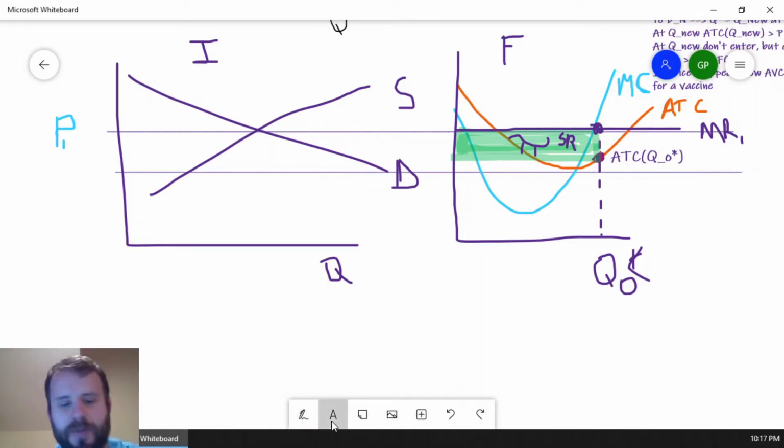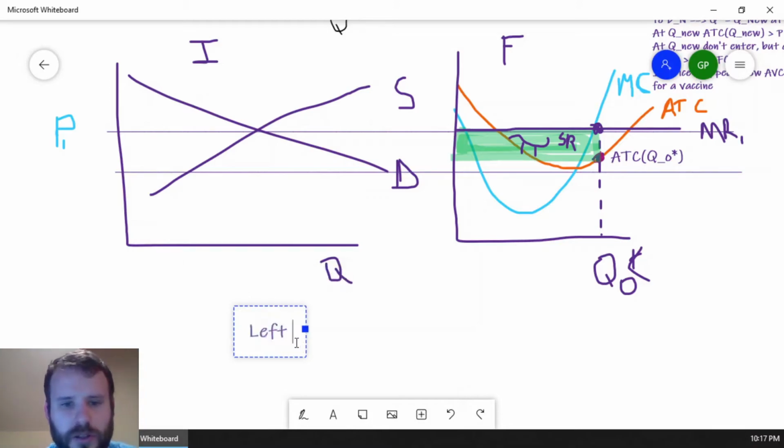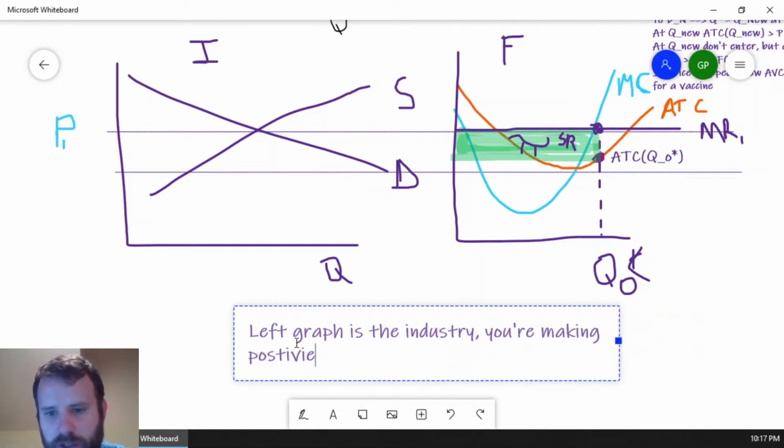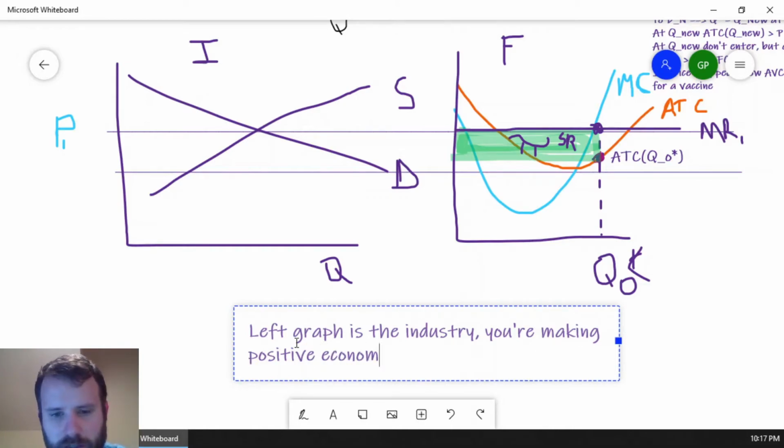And what do we say happens when you make positive economic profit? To the left, so left graph is the industry. You're making positive economic profit.